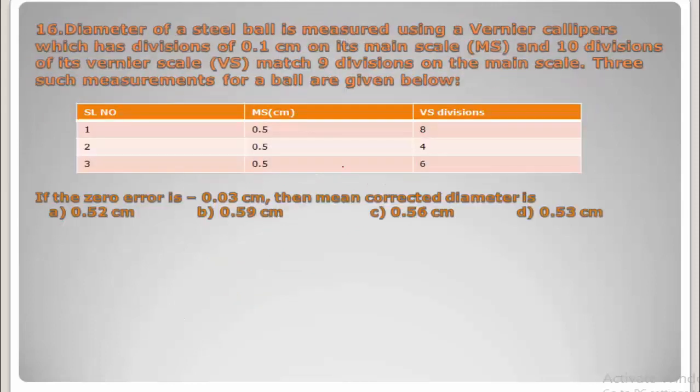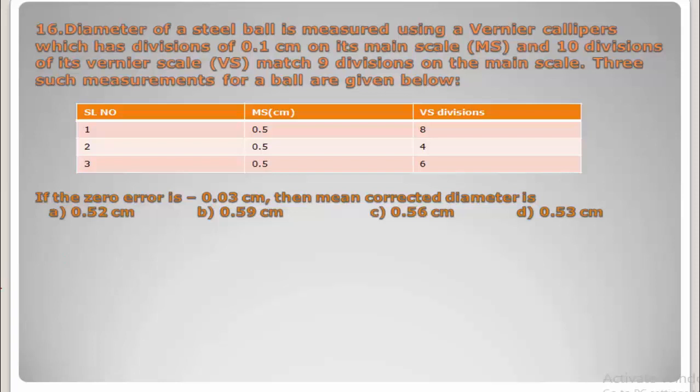Diameter of a steel ball is measured using a vernier calipers, which has divisions of 0.1 centimeter on its main scale and 10 divisions on its vernier scale match 9 divisions on the main scale. 3 such measurements for the ball are given below. The main scale readings are 0.5 and VS divisions are 8, 4 and 6. If the zero error is minus 0.03 centimeter, then the mean corrected diameter is.